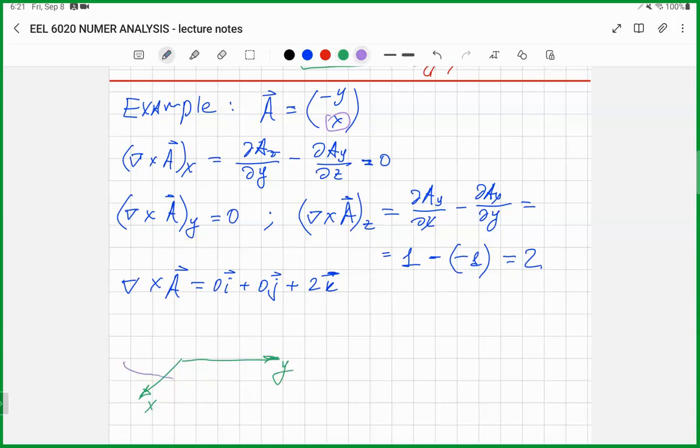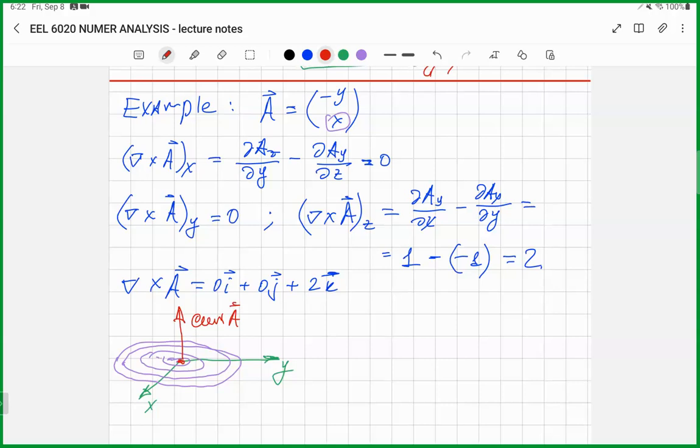This field, let me draw it like this. So this vortex is in the plane, like this, with the center in the coordinate origin. And for this field, the vortex in the xy plane, the curl is directed like this.